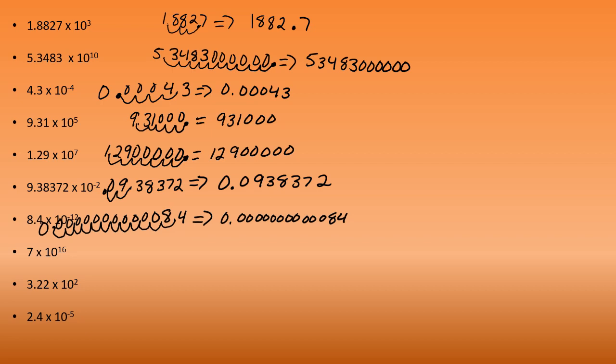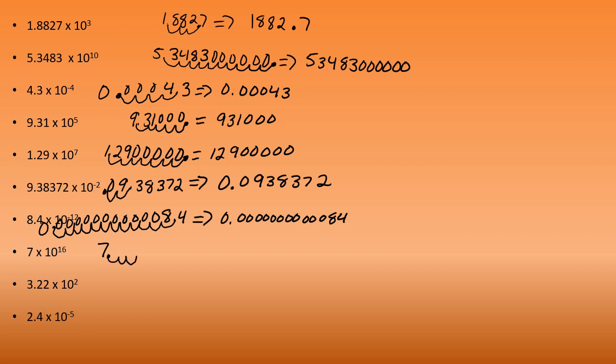Similarly, 7 times 10 to the 16th, here we'll write a 7. Our decimal is here, even though it's not represented. And we're moving in a positive direction to the right in this example, and we've got to move for a total of 16.